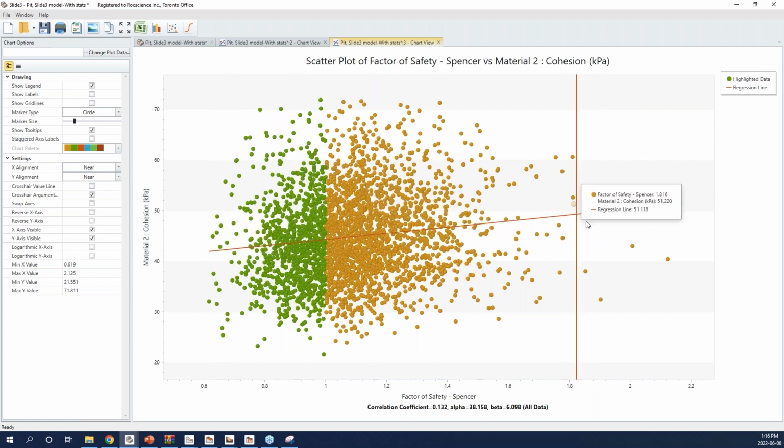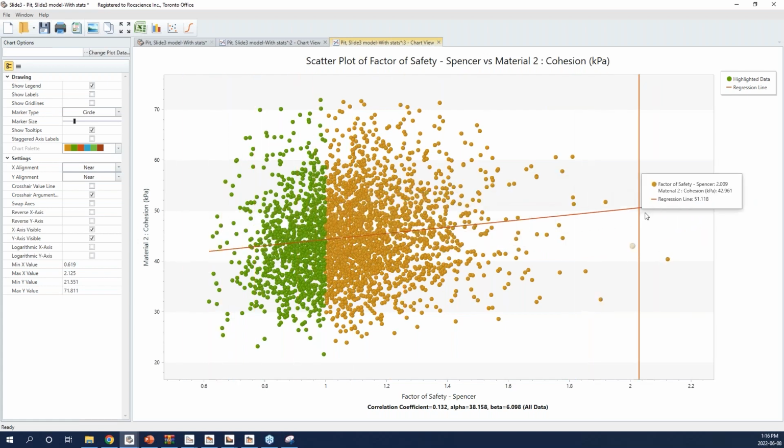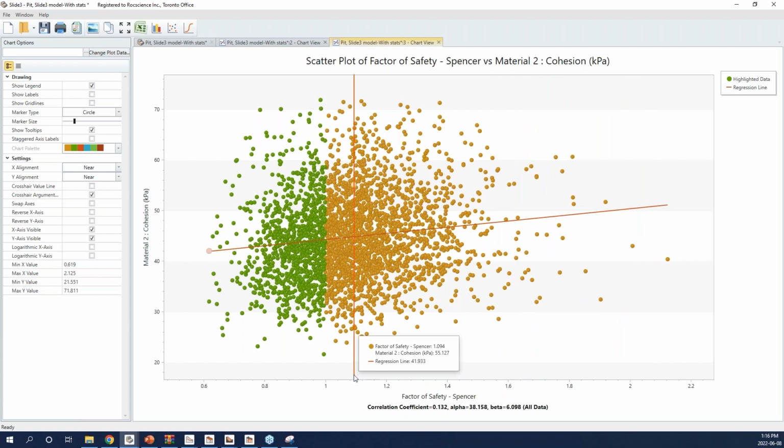When you have a scatter plot, the software gives you this line, which is the correlation line between the cohesion and factor of safety, and it gives you the correlation coefficient as well. So it's about 0.13.